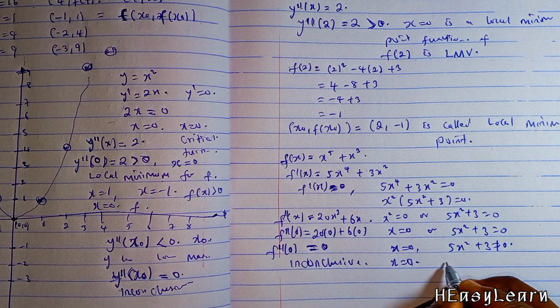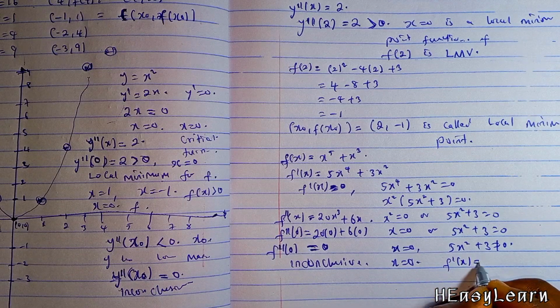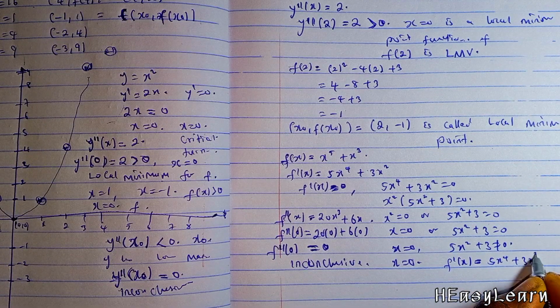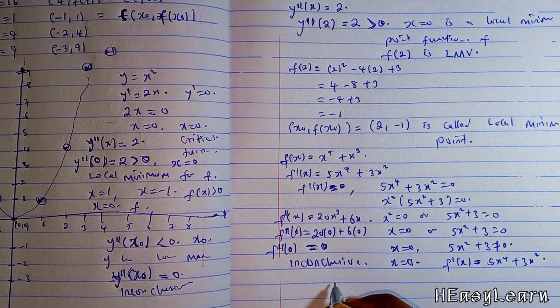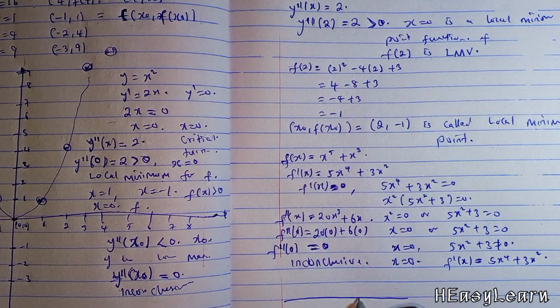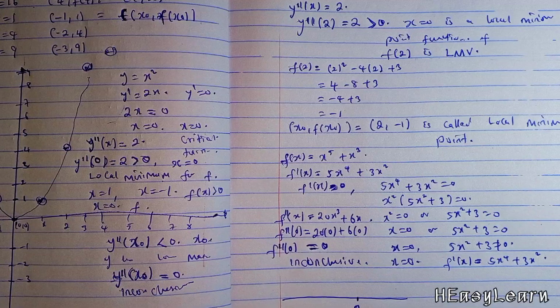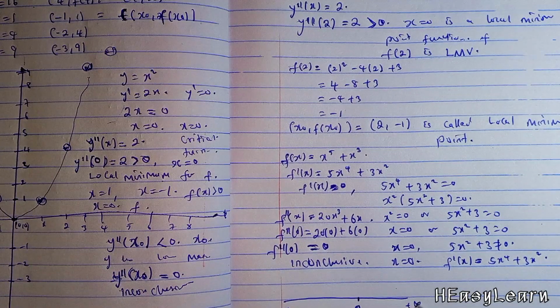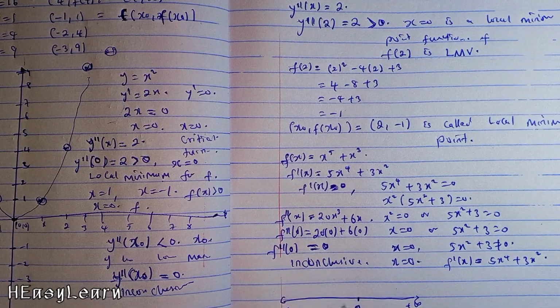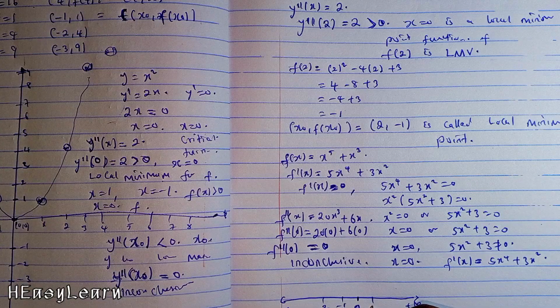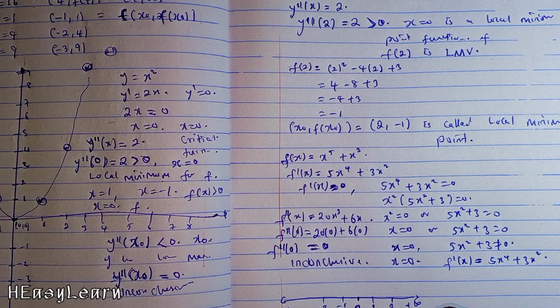So in this case, you are going to use the first derivative to test for the local minimum or maximum point of this function. Here, x equals 0 is a critical point of this function. So let's test this function using the first derivative before x equals 0 and after x equals 0.